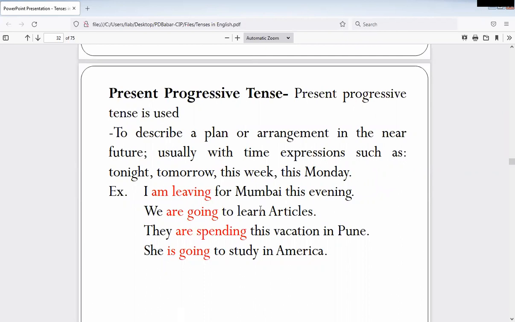In what situations, and what are the conditions to use the present progressive tense, that we will discuss now.